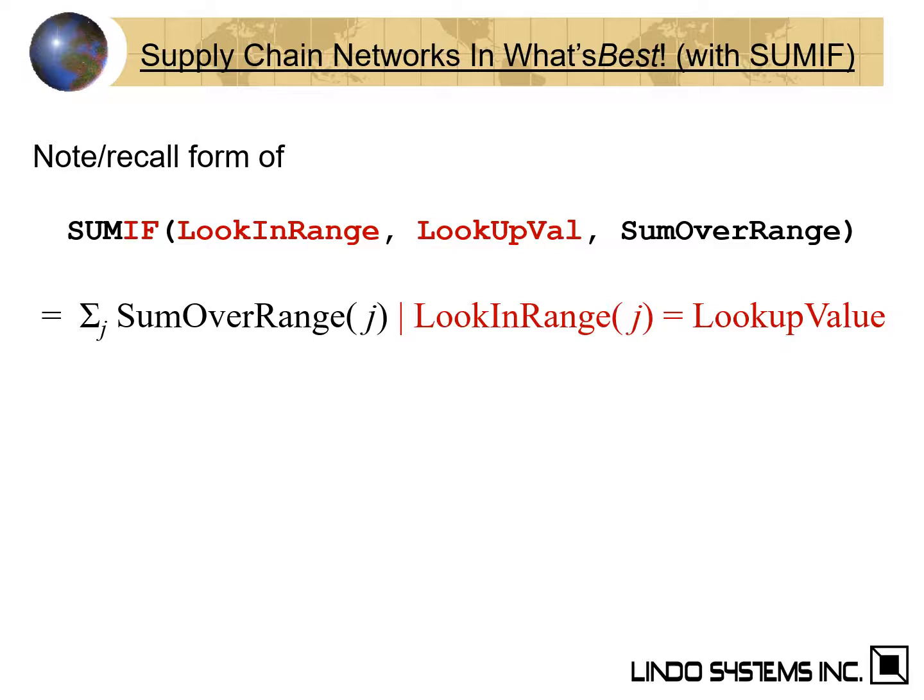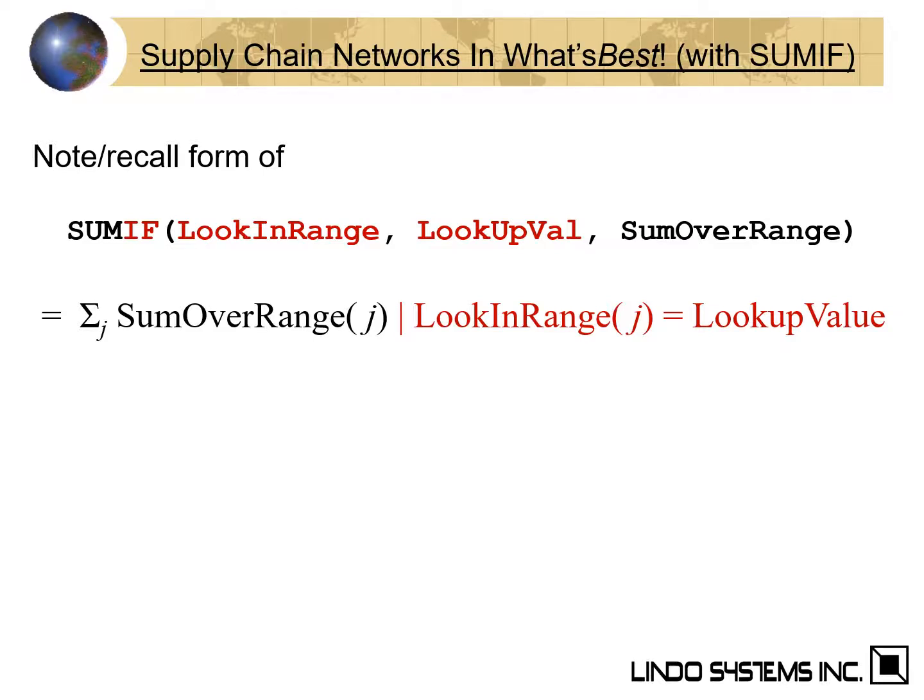And where we'll find it useful in our applications in the next couple of slides is we may have a list of arcs from two nodes, and if we're interested in the sum of the flows into a node, we sum over the arc list from the to range for those arcs for which the to node is equal to the node that we're currently interested in. So that's the SUMIF function.